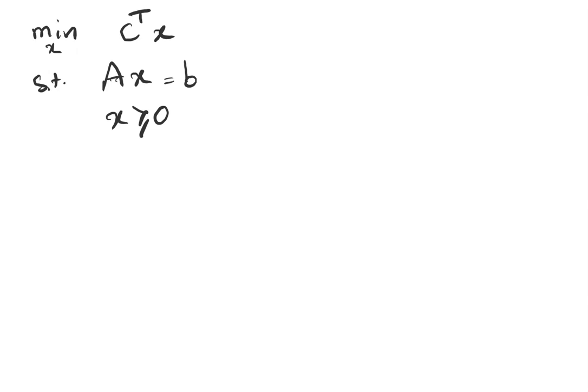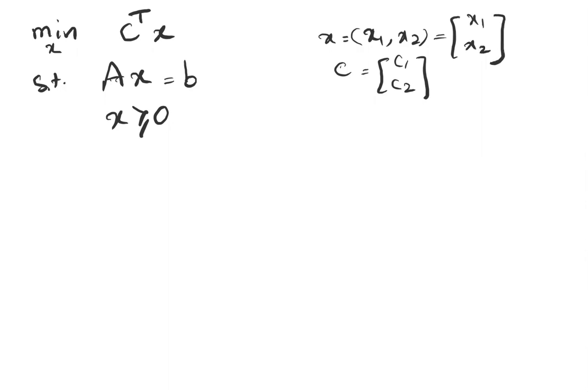All right. So if I want to show it for the scenario where I have x1 and x2 as the variables, then C is going to be C1 and C2. So vector of variables x1, x2, vector of coefficients for the objective function C1 and C2.